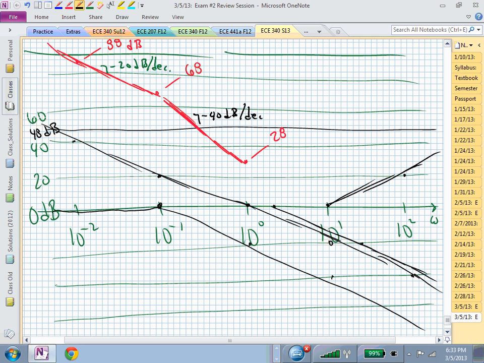So 12 less than 28 is 16, meaning by the time I reach 2 in frequency, I should be at 16. And that slope hasn't changed, has it? That should be the same angle or slope.